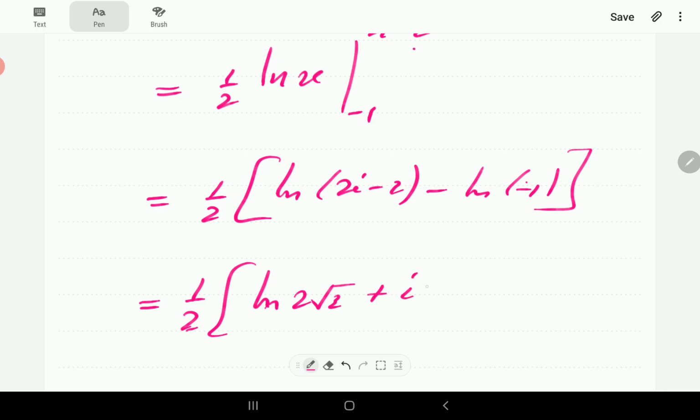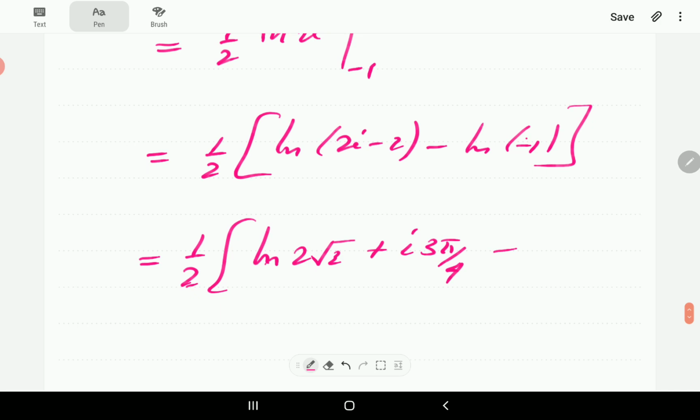The argument is 3 pi over 4. Take away, for negative 1, the magnitude is 1 and the argument is pi. That's the principal value of the argument.